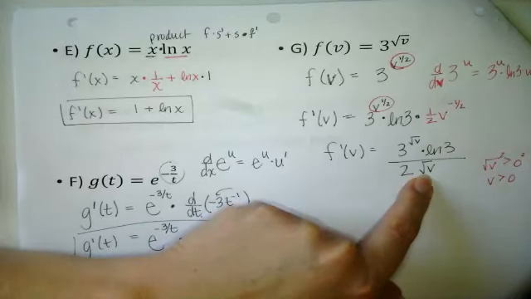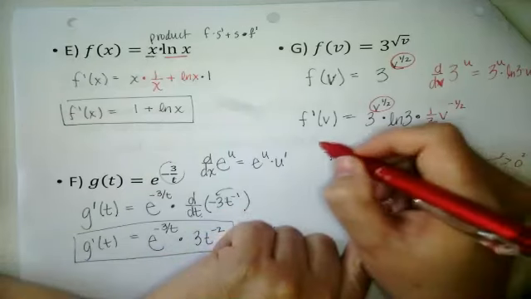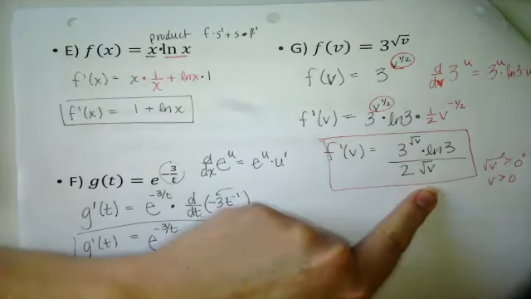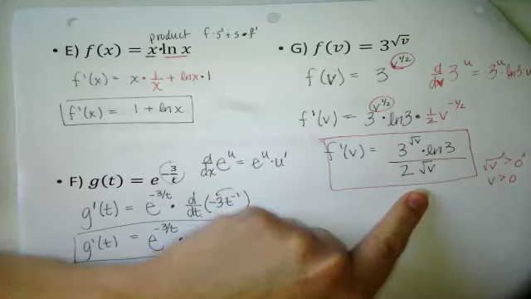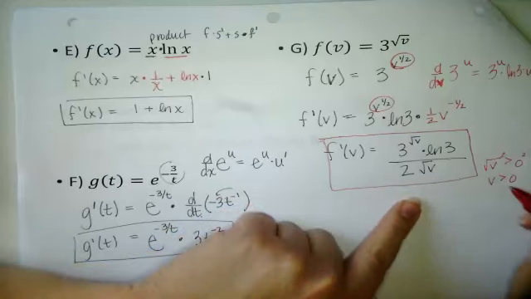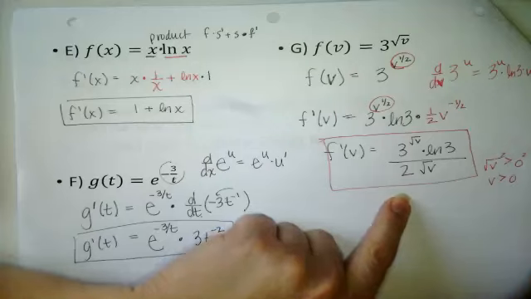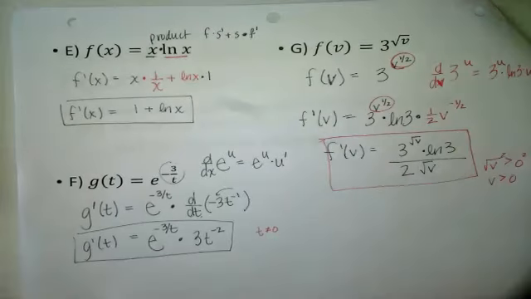V must be greater than 0. So for instance, we could take the derivative at 2 or 4 or 12 or negative, or sorry, 4.3 or whatever, but we couldn't take the derivative for v values 0 or negative values. Okay, important to think about.